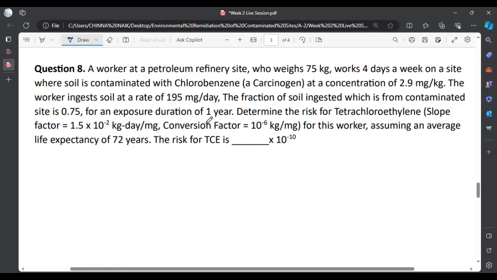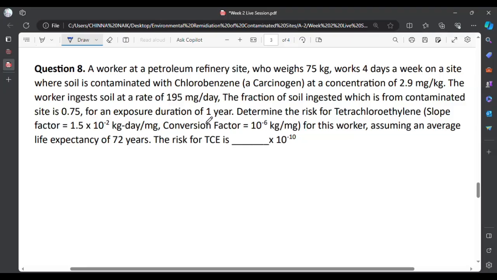The slope factor is 1.5 into 10 power minus 2 kg per day per milligram, and the conversion factor is 10 power minus 6 kg per milligram. Assuming an average life expectancy of 72 years, the risk for TCE, that is tetrachloroethylene, is dash.